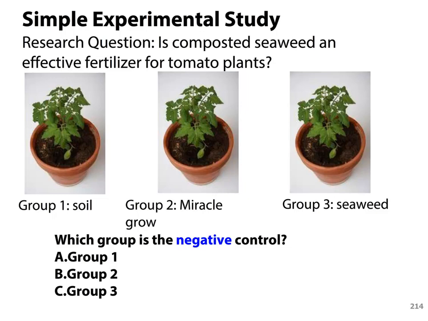Now, let's go back to think about our controls. Which one is our negative control? In the negative control, you don't add the variable, remember? So which one is the negative control? I'll give you a hint, it's group 1. Okay, in group 1, you just have soil. Now, the other thing you should be able to answer is what is group 2?